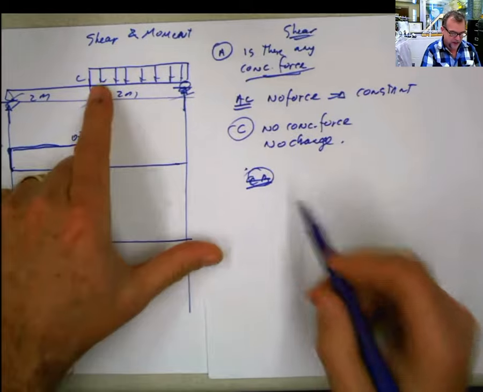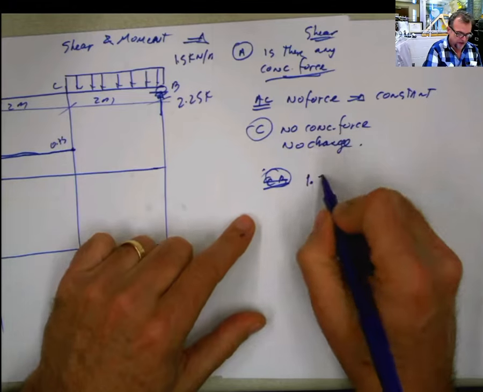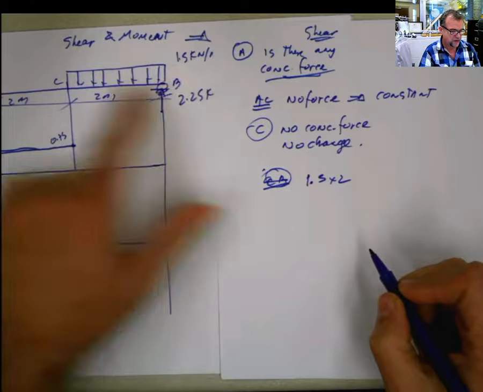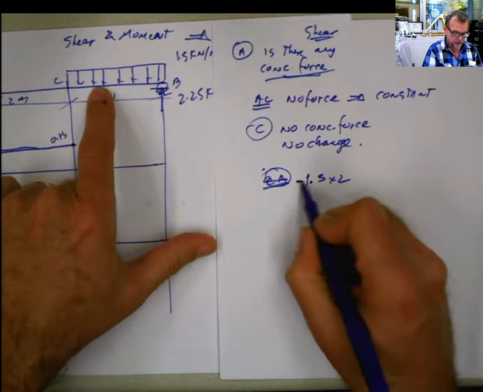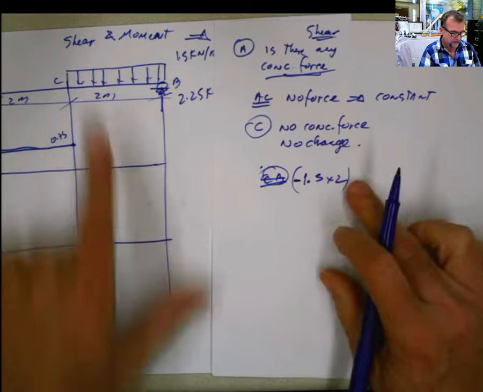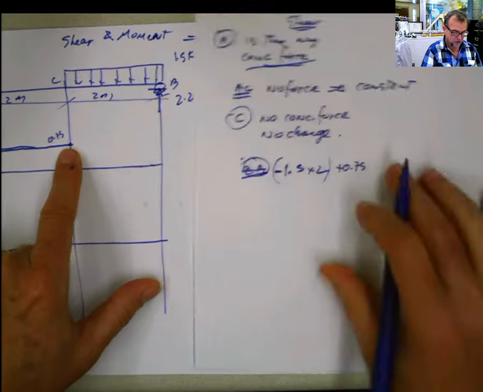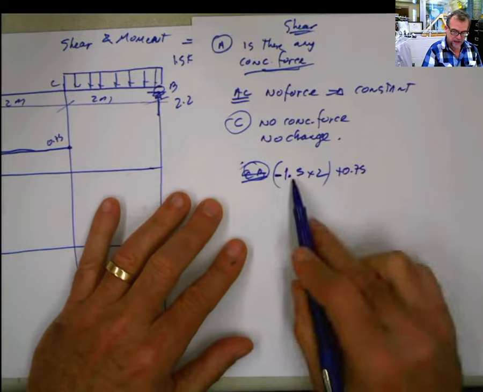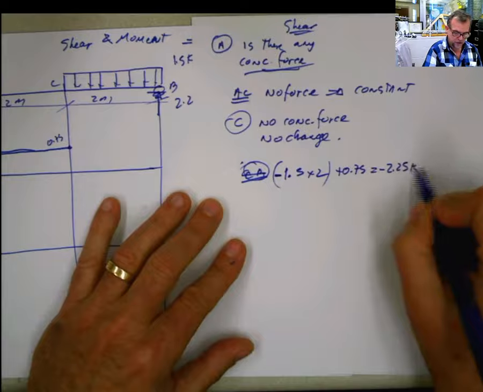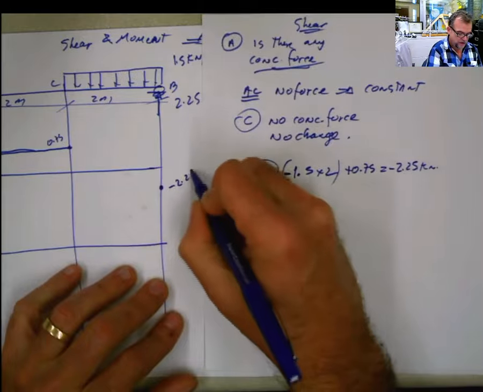The area is 1.5 times 2, negative, because the arrows are pointing down. And I had a value before of 0.75. So negative 3 plus 0.75 is negative 2.25 kilonewton, and this value here is negative 2.25 kilonewton.